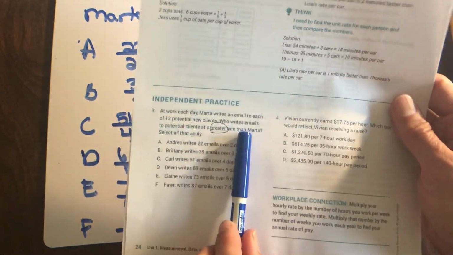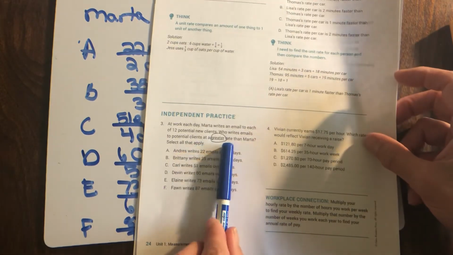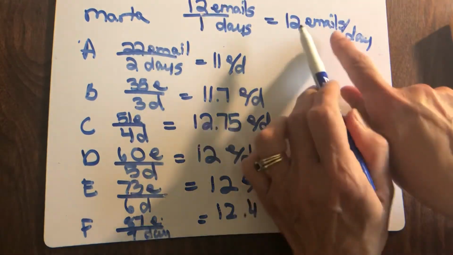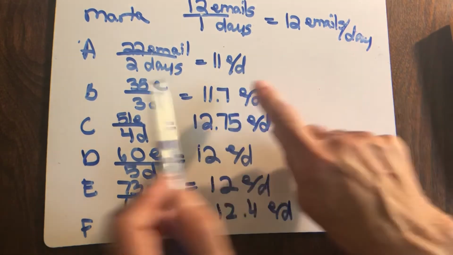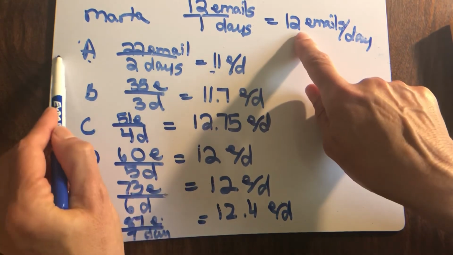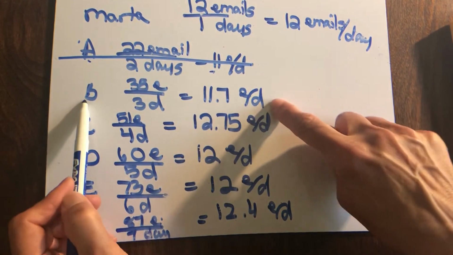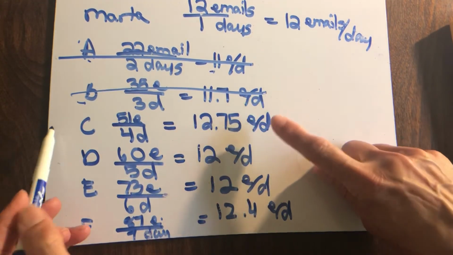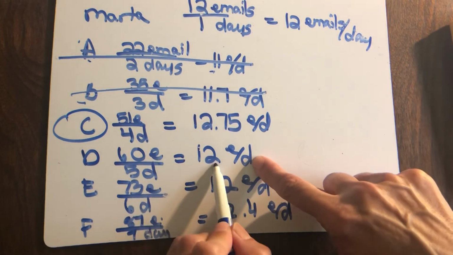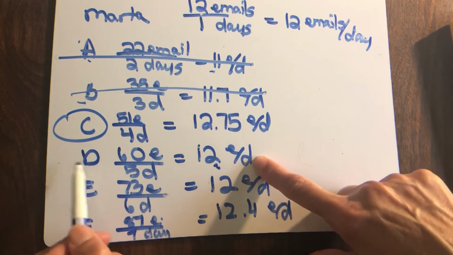Who writes emails to potential clients at a greater, higher rate than Marta? Well, Marta writes 12 emails in 1 day. So is this person going to write more emails than Marta? No, they're not. What about this person? No, they're not. What about this person? Yes, because they went over. What about this person? No, that's exactly the same. They're not.